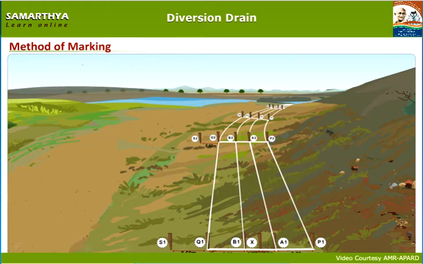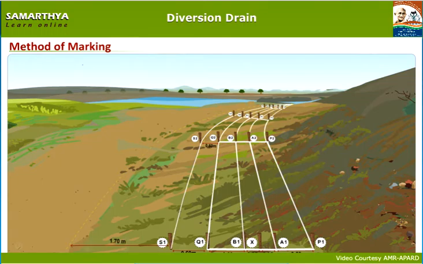Draw a line along S1 and S2 with a thread. Draw a line along S1 and S2 with lime powder. This indicates the berm line. Repeat the same procedure of marking along the length of the diversion canal till the diversion canal reaches the natural stream.